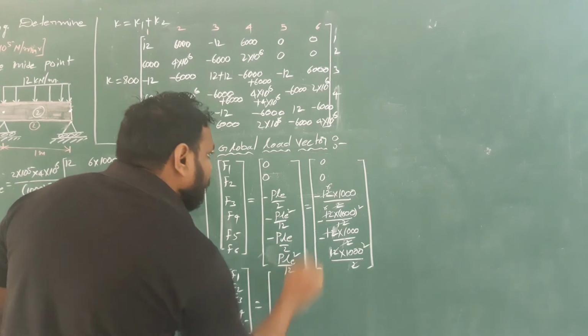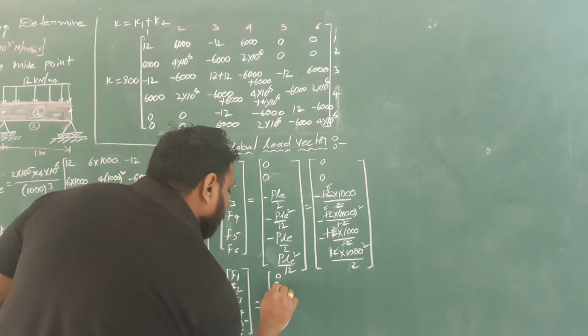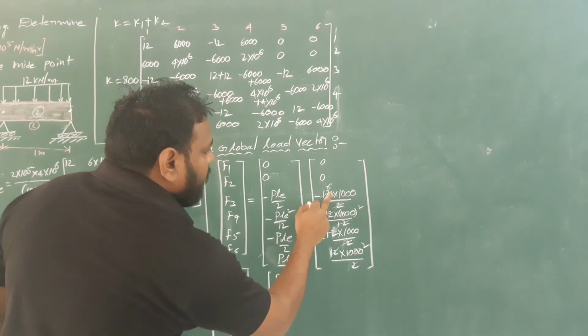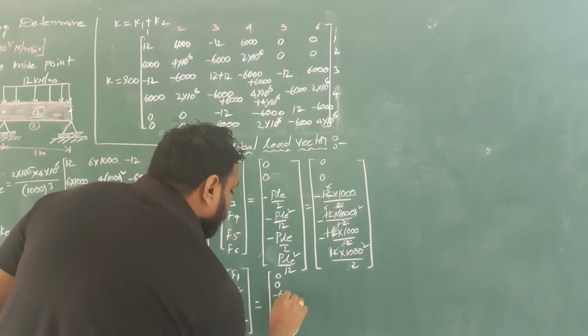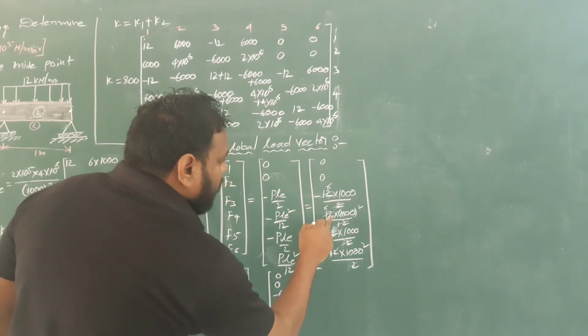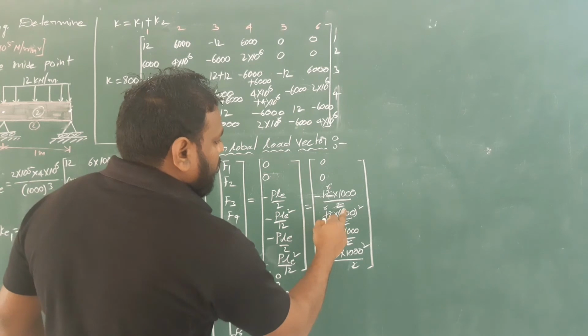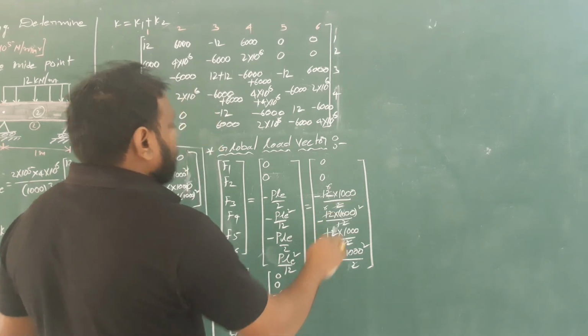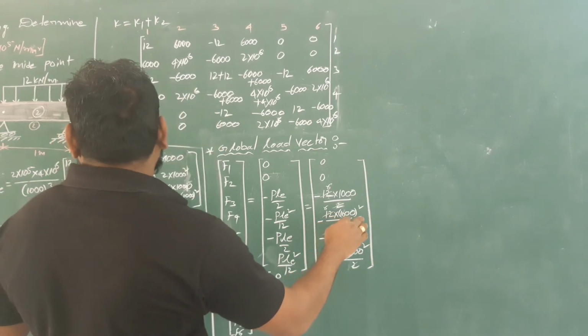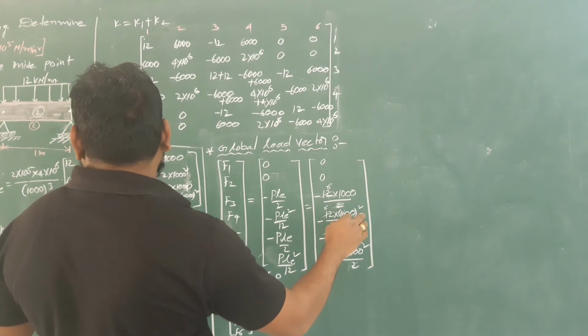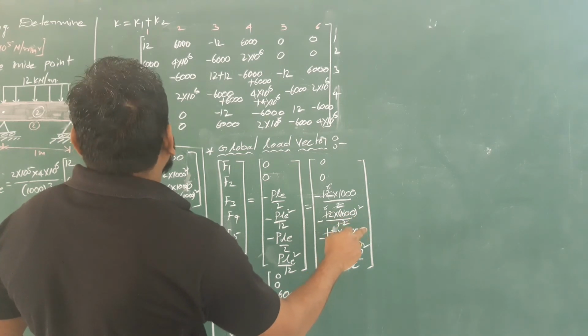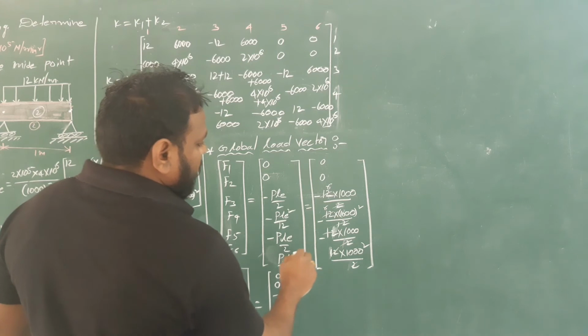This one is initially 0 and then also 0. Here 6000 minus 6000. Here also 6 into that, 1000 square, means 10 to the power of 6. Okay, this is 10 to the power of 6. This one is 10 to the power of 6.